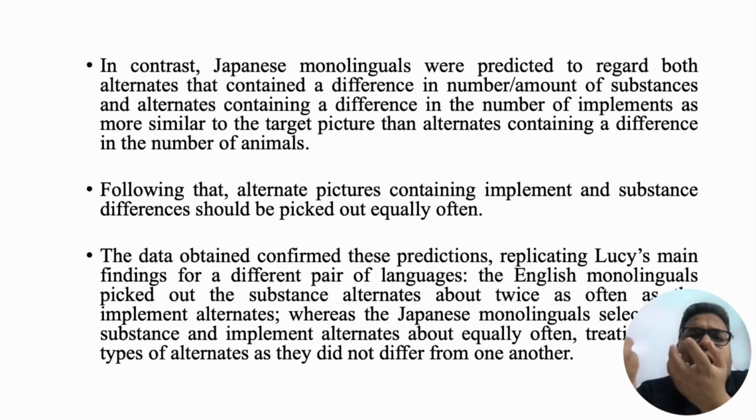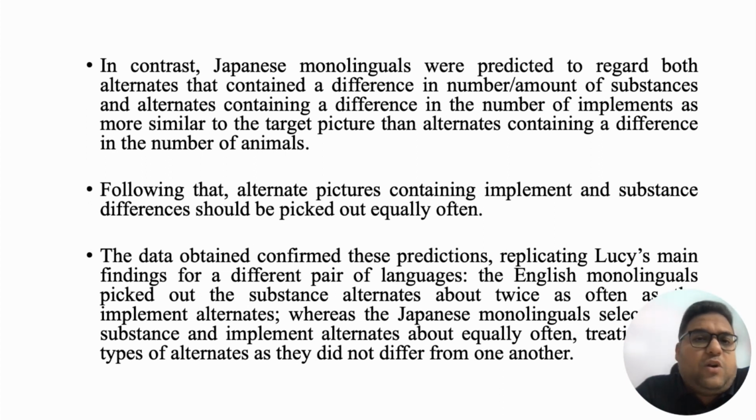So you can see, because implements or these objects are also being considered similar to substances, they would liken these in the same group and they would compare on that account. Following that, what we would expect is that alternate pictures containing implement and substance differences would be picked equally often.